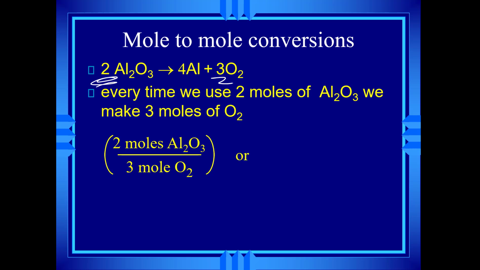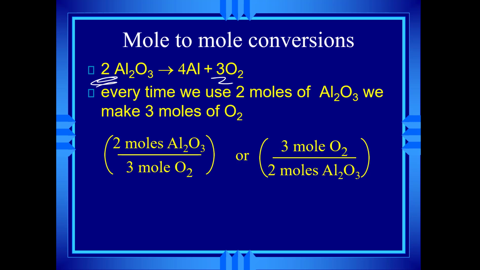Or I can put it the other way. Doesn't matter which one I put on top. Actually, I can make 6 different conversion factors out of this. Because I could also go between Al2O3 and Al, right?